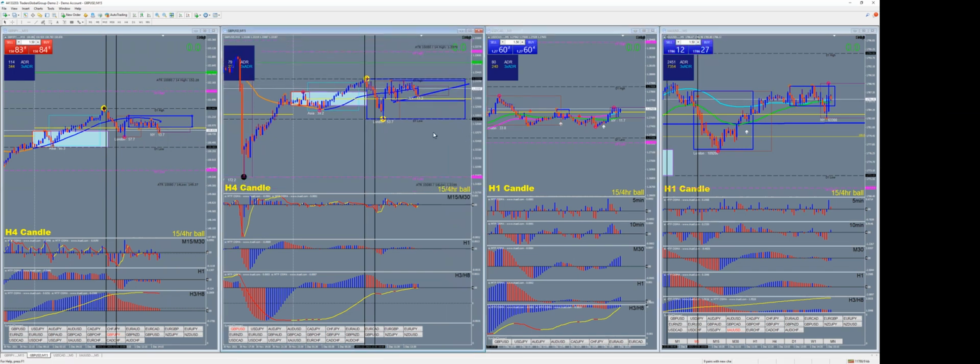Can you just walk through the 4-hour chart to see which pairs are setting up? Yeah, let's do a quick scan.